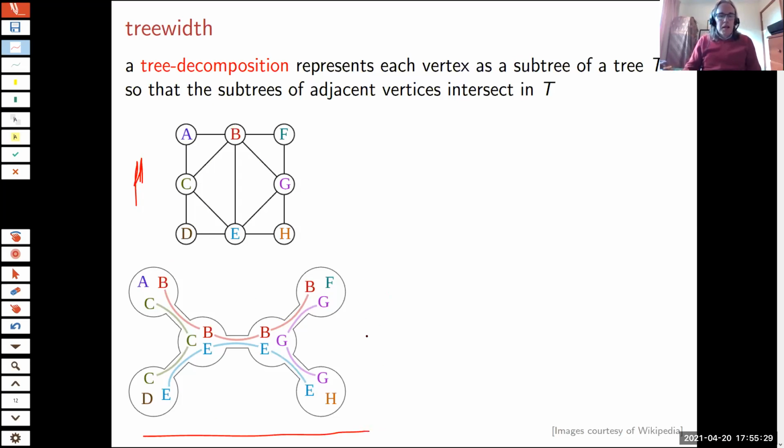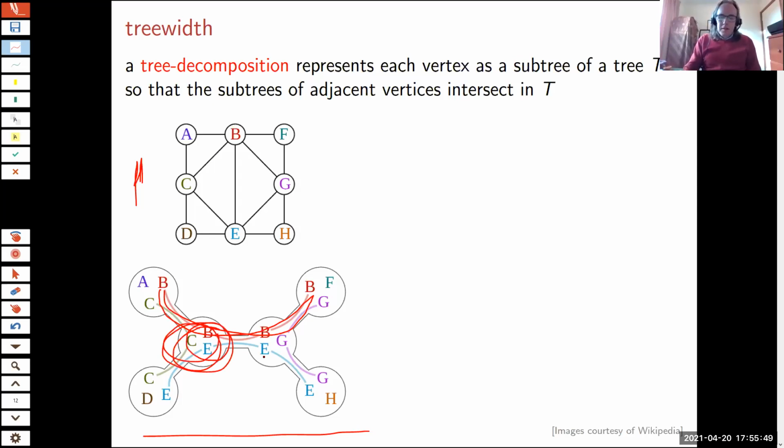Each vertex is represented by a subtree. So vertex B is represented by this path through there. And the property is that if two vertices are adjacent, then they appear in a common bag. So B and E are adjacent, and there they are sitting in this little bag.